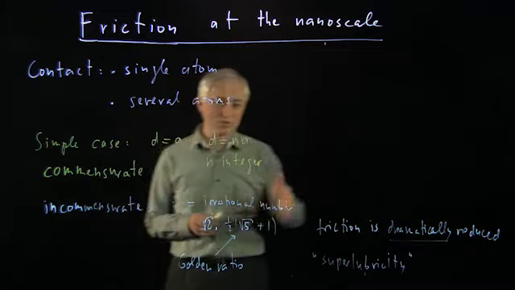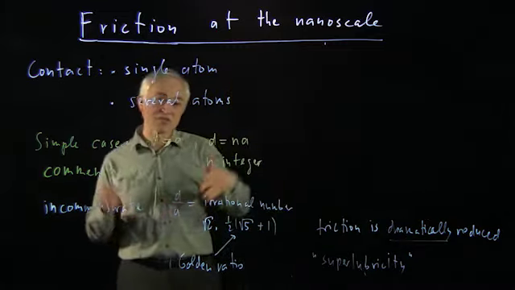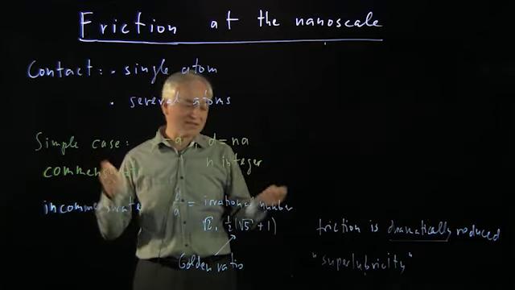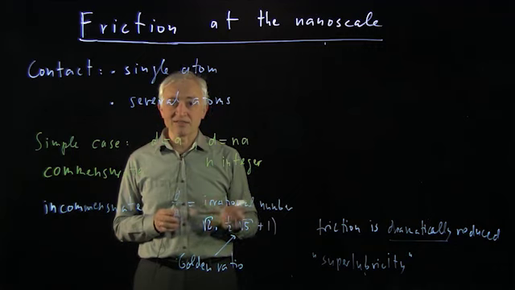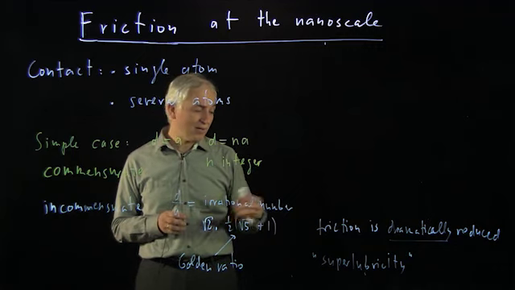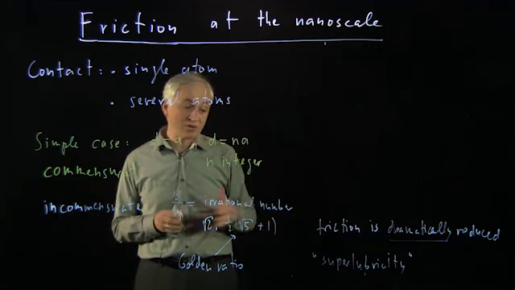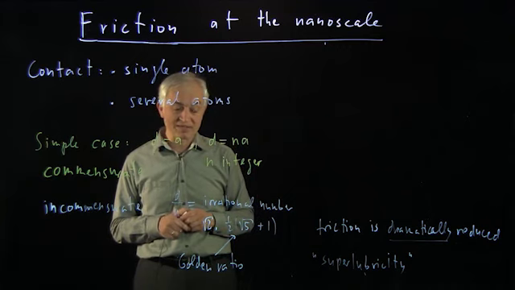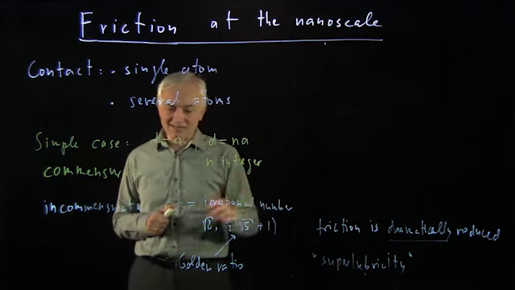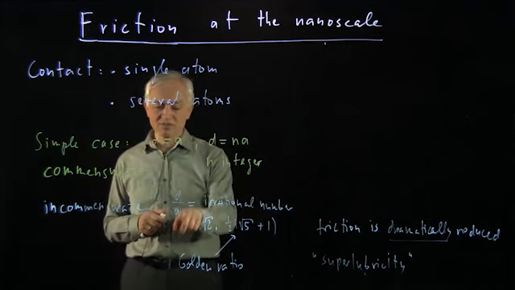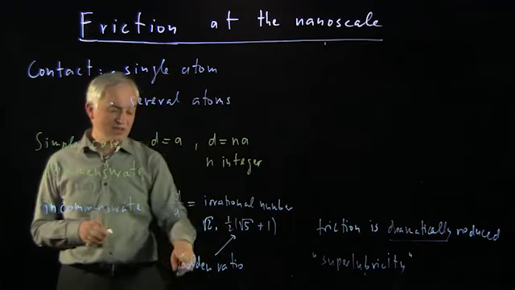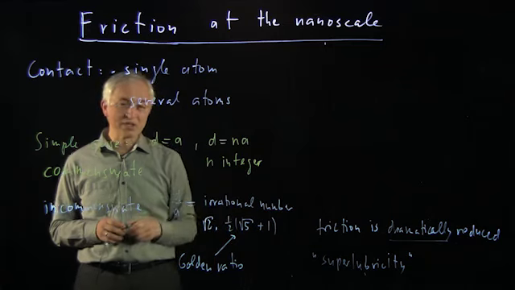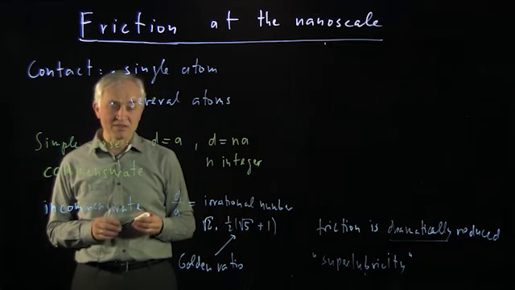Interestingly enough, even though this is a very simple system, it's just, if you want, balls and springs, this superlubricity was only discovered in the late 1980s, even though we have known all the physics for more than a century. So you can see just a tiny rearrangement of the atoms, not to be commensurate with the lattice any more, but to be incommensurate in terms of an irrational number, can change friction properties dramatically.